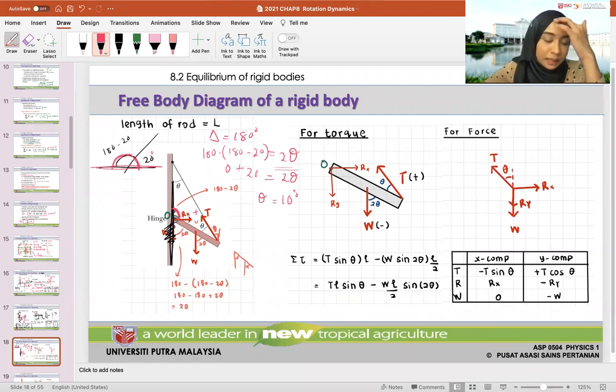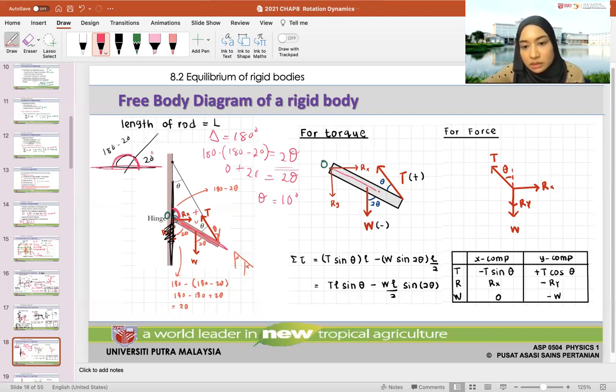Okay, so we solved that angle. So now we know the angle between the tension and the R over here. So we can try to solve it now. Here we have T tension, sine theta, the length is L. They define it as L. Sorry, we have a better diagram over here.